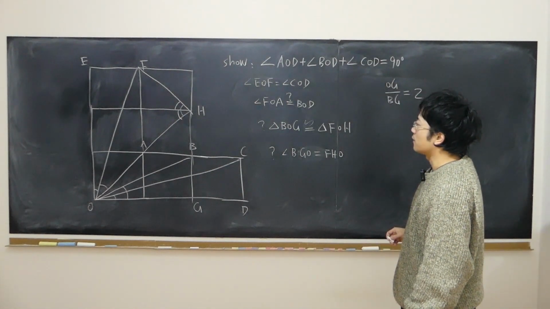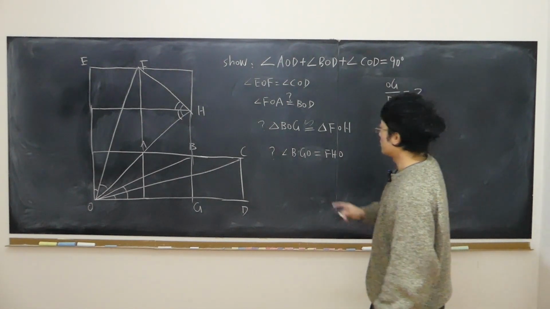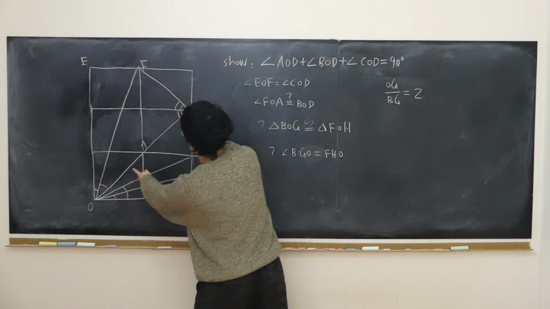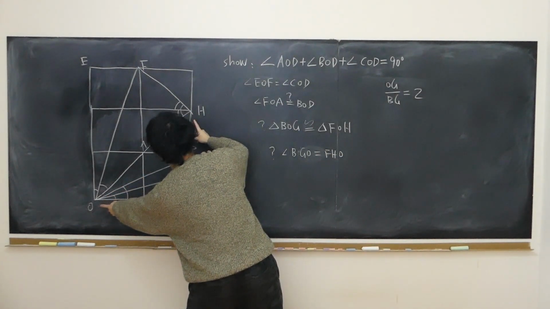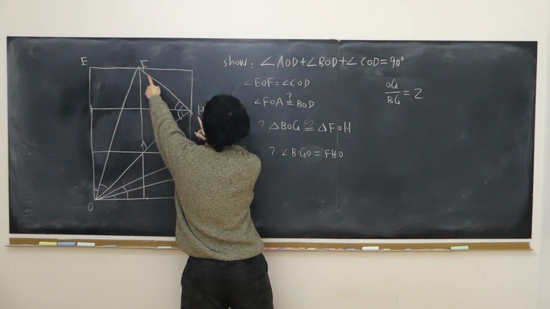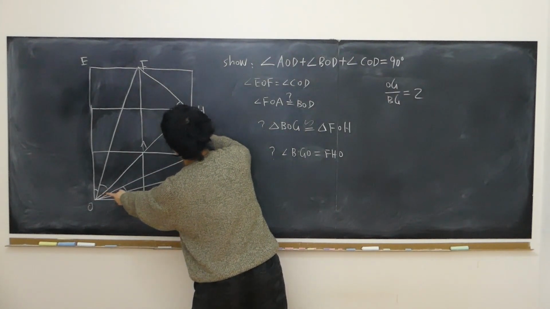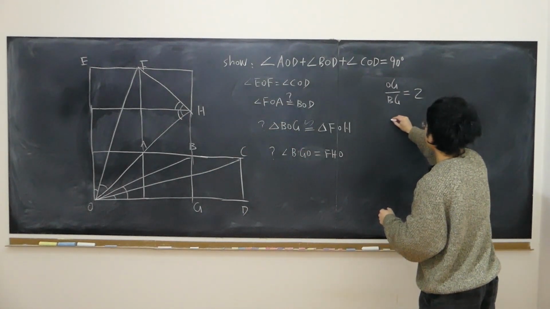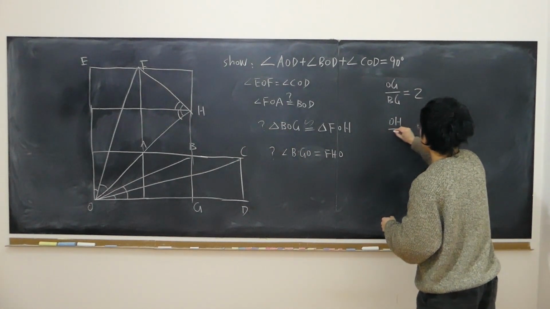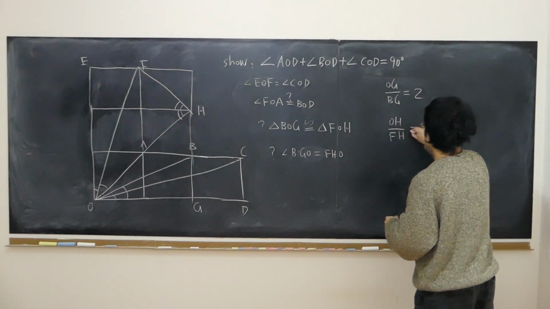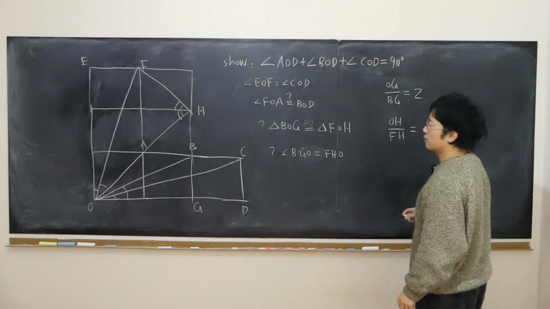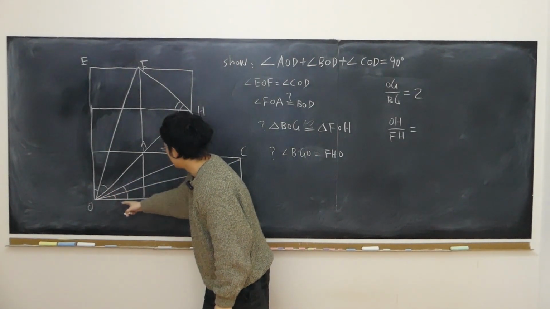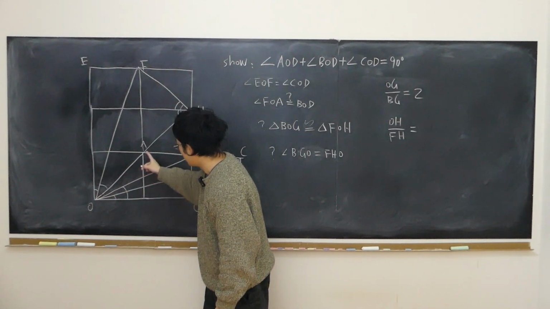Can I also show that, let's look at my triangle FOH. I want to show that the length of OH over the length of FH, what's their ratio? What's the length of OH? What's the length of OA? First of all, we're using the Pythagorean theorem, right?